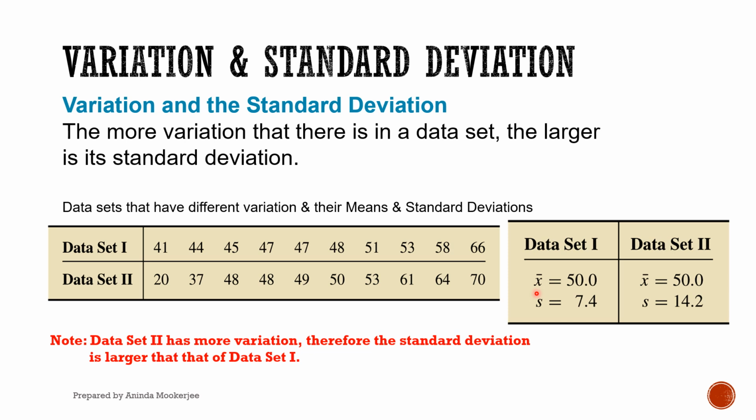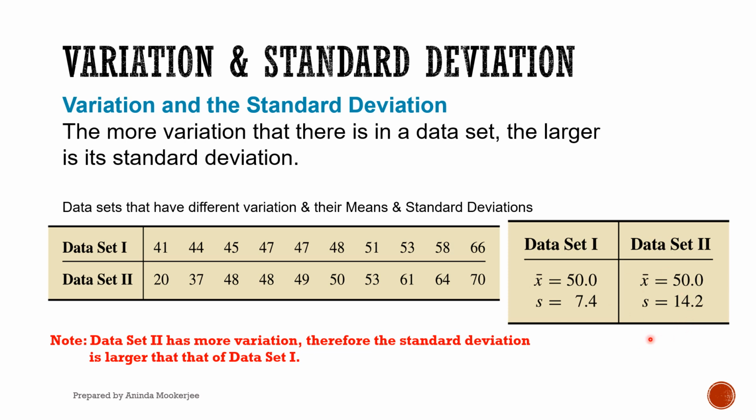So x bar, the sample mean, for data set 1 is 50. Well, for data set 2 it's 50 also. But look at the standard deviation values. For data set 1, the standard deviation value is 7.4. For data set 2, it's 14.2.